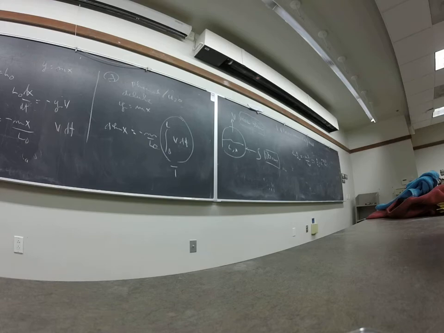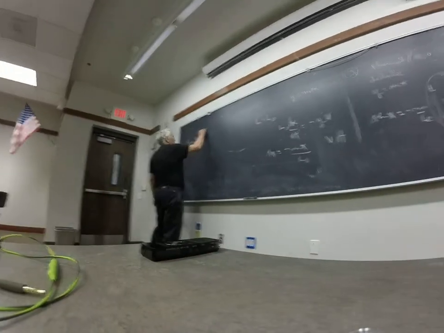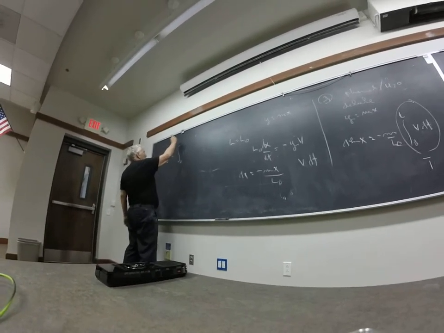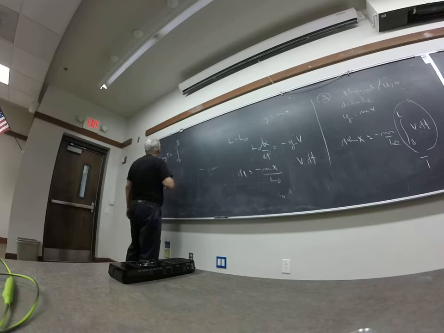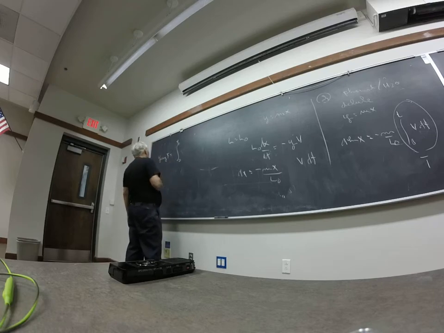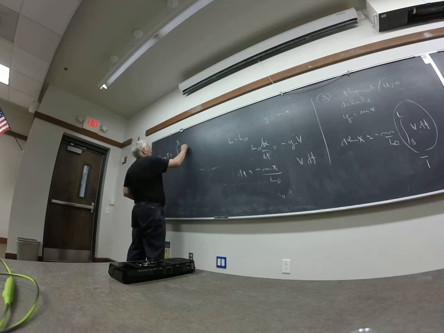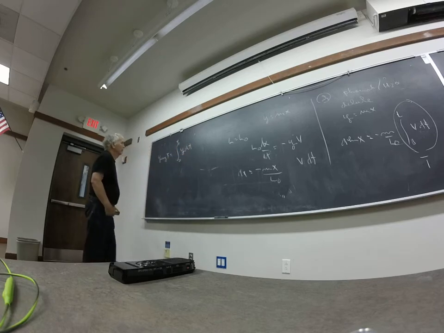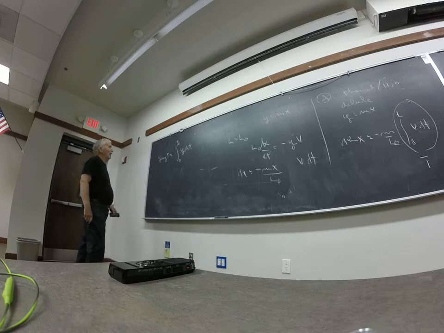So let's calculate the average composition as the tank fills. Y-average at T equals the integral from 0 to T of, how do I want to do this? I want to write in here what that is. Well, it's y dt. No, it's not y dt.